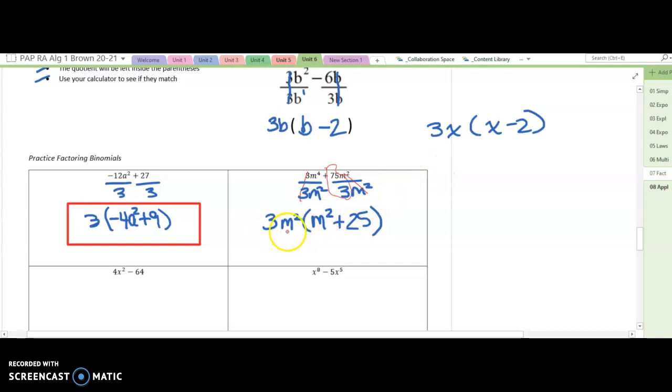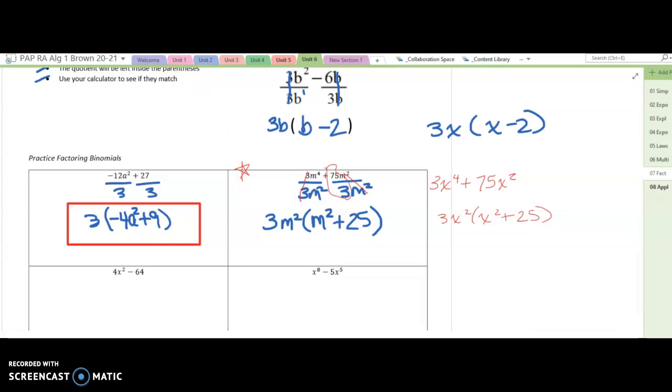Or you can graph them. Well, you would have to graph it as 3x to the 4th plus 75x squared, and then also graph this one as 3x squared times x squared plus 25. You have to graph those on top of each other and see if they match. That might be hard to see. You might want to do the true false, okay? If we have time, we'll come back and do that one.